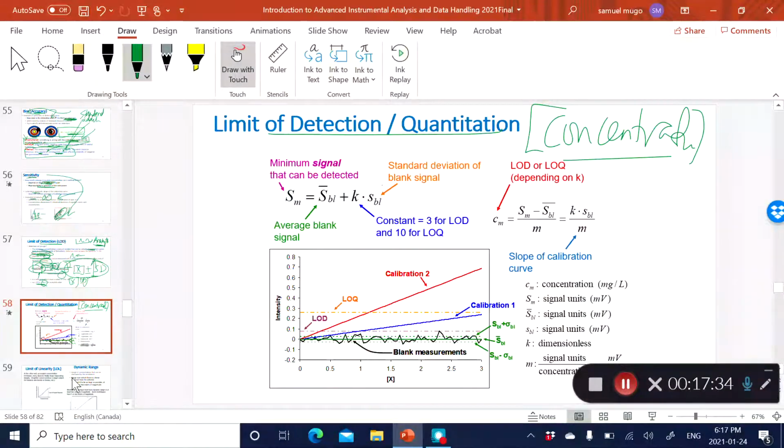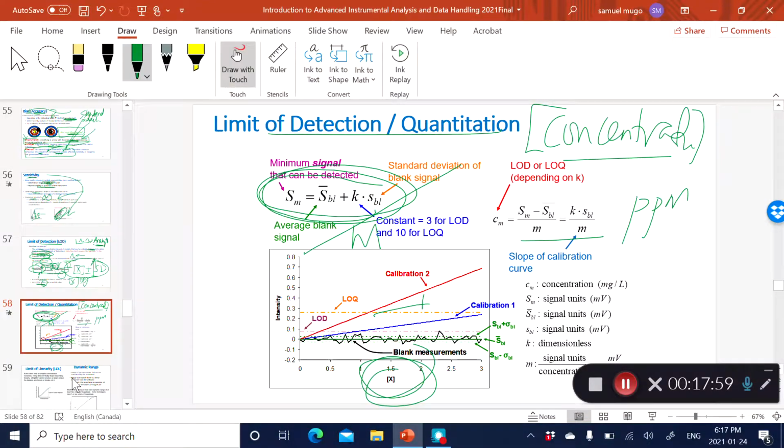The only thing that you do is you take the signal limit of detection or limit of quantification, and divide it by the calibration sensitivity, that is, divided by the slope. Whatever you get will be in concentration units, say ppm, if those are the units on your x-axis.